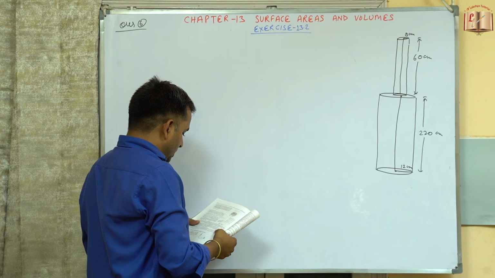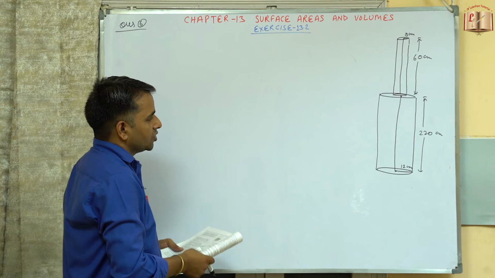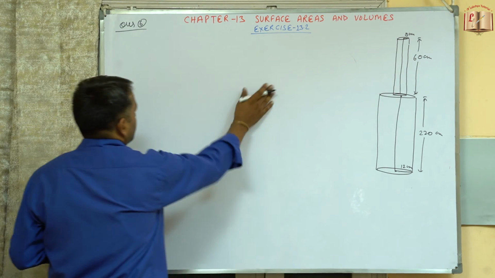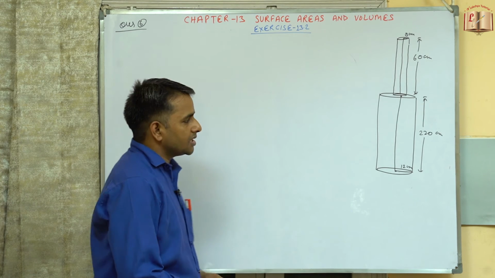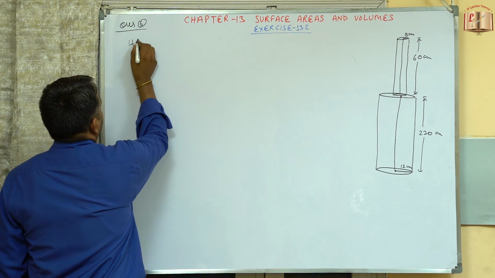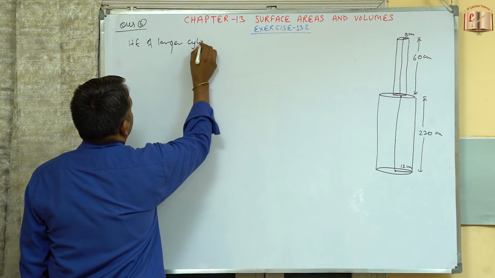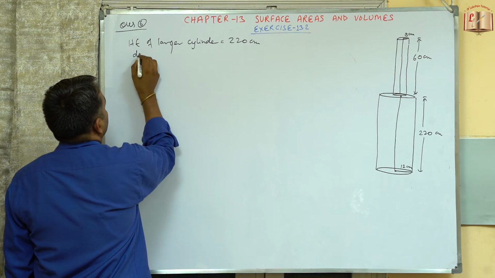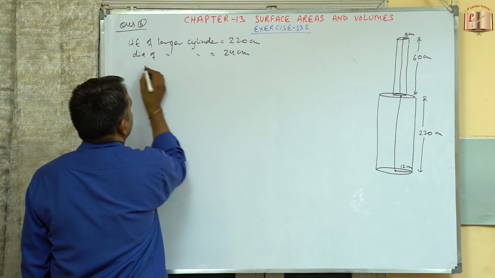Find the mass of the pole given that 1 centimeter cube of the iron is approximately 8 grams. So we need to find out the mass of this complete structure. So mass will be given as mass equals to volume into whatever the density given to us. So first of all, we need to find out the volume for this. So height of the larger cylinder is 220 centimeter, and dia of larger cylinder is given 24 centimeter.